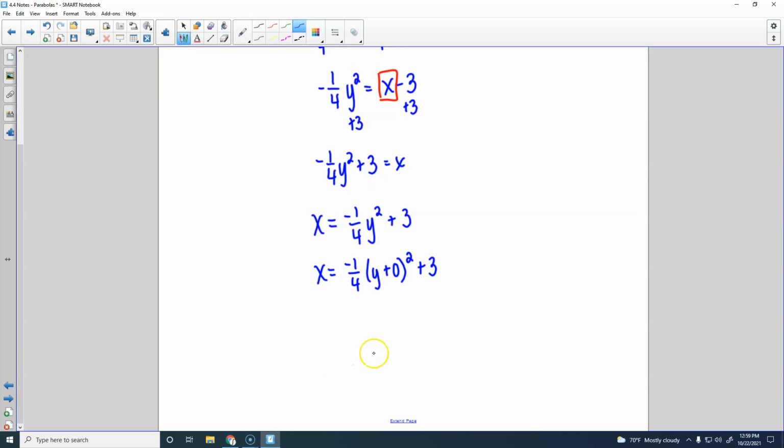So first thing I want to do is think, which way does this open? Is it up, down, left, or right? Left or right? Which one is it? Left. Because I've got that negative 1/4 there that opens in the negative direction instead of the positive. So I need that vertex.